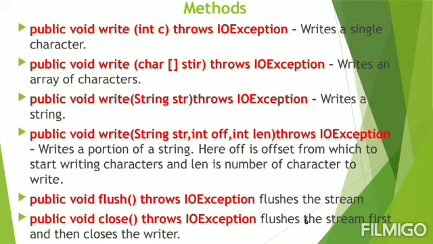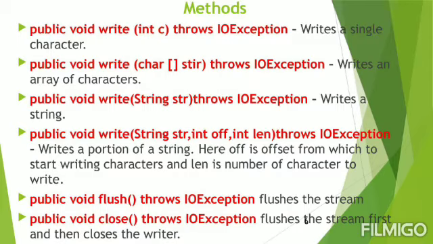The next function is to write a string of characters into a file. Another useful function is the write function which will help you to write a string from the position you have specified, that is, the starting character and the number of characters to be written onto the file.